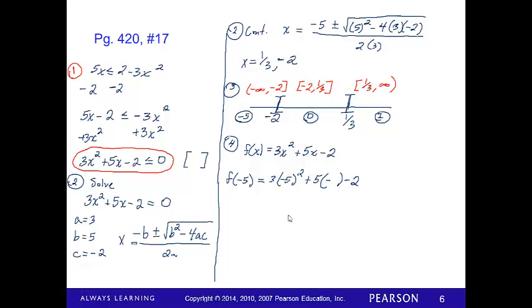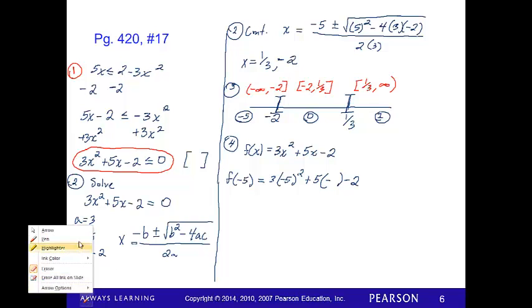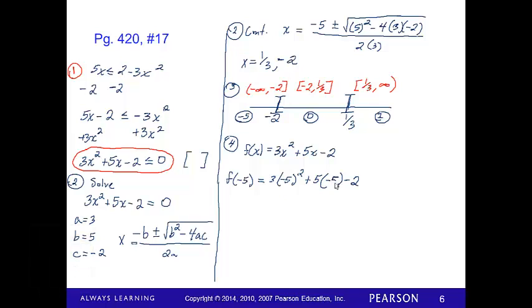I'm not sure where that 2 came from. That should be a negative 5. Let me fix that. And let me go back to my calculator now. And I get 48. Hopefully you got 48 too. Now 48 is greater than 0, which means in this interval, it's positive.